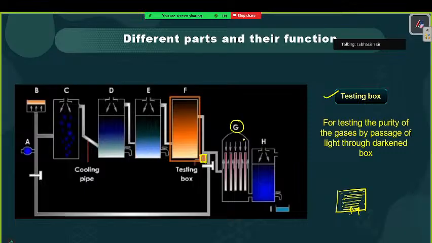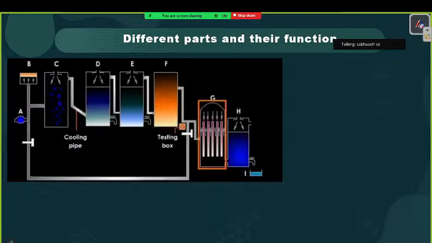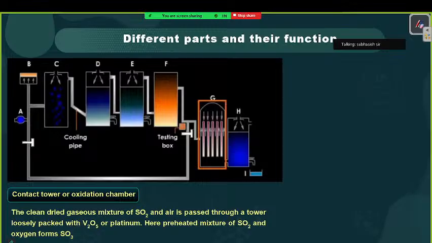This is the G step. Now what is G? This particular step is the most important step in this method.